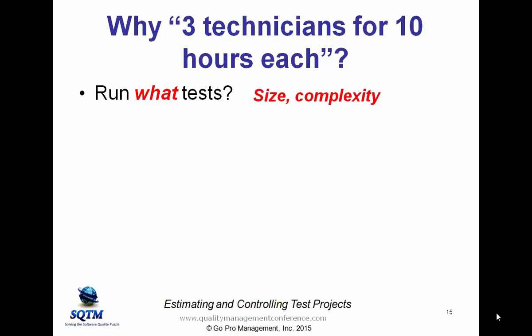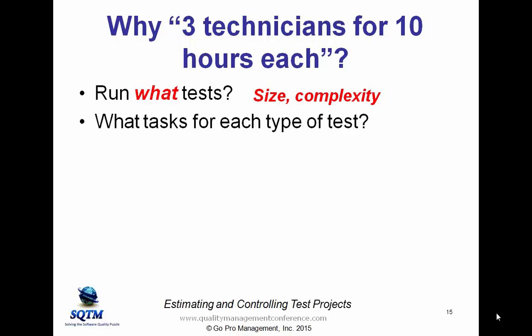Okay? What's the size of them? What's the complexity of them? Boy, none of that's necessarily defined. It should be, but that's the type of information that's needed to make sure that estimate of running tests actually has a reliable basis.